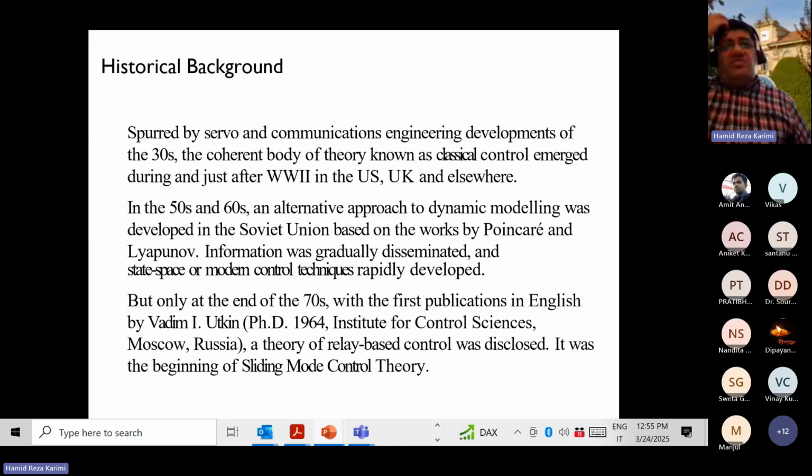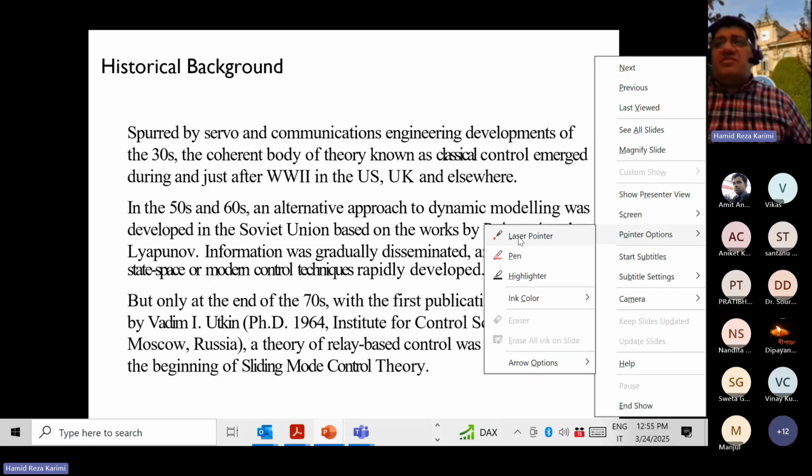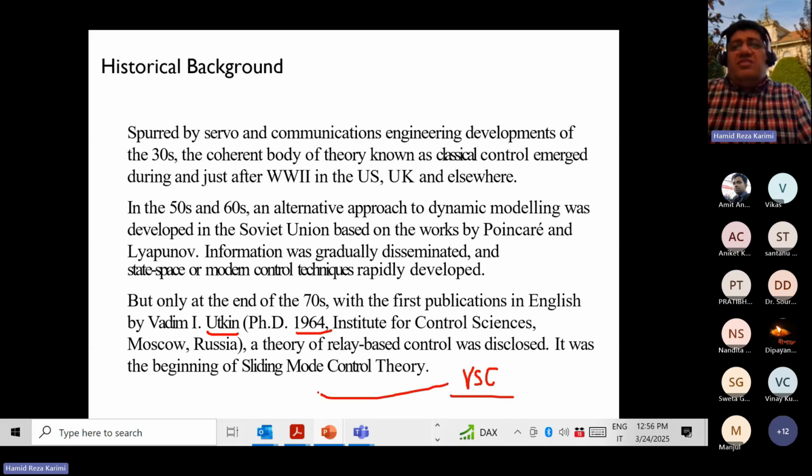Of course, there was a lot of development from the late 50s and 60s, and a very famous person contributed a lot to this topic: Professor Emelyanov, in 1964. He introduced variable structure control, VSC, which later changed to SMC, sliding mode control.